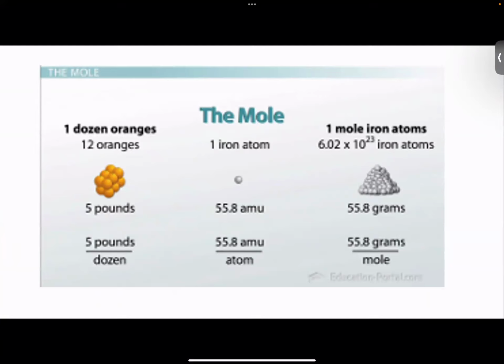One dozen oranges is 12 oranges. One dozen eggs is 12 eggs. Now, if I look at those 12 oranges and I have 5 pounds, that's 5 pounds of weight for that dozen oranges, excuse me.